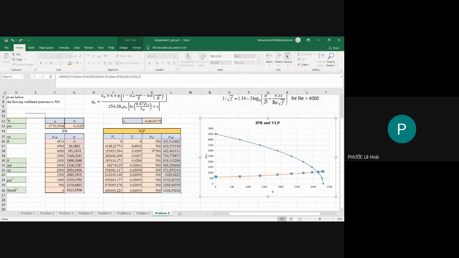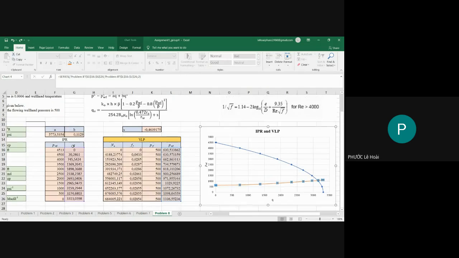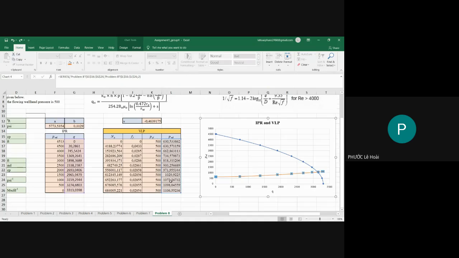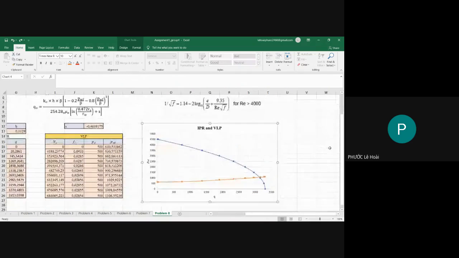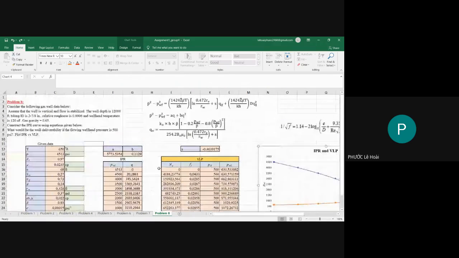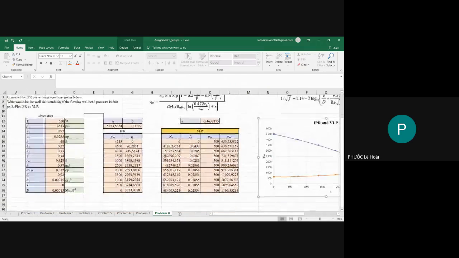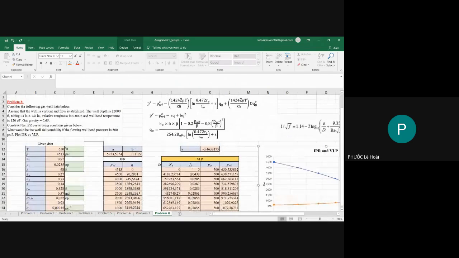And for the VLP, we will use the flow rate of the IPR and the bottom hole pressure for the VLP to plot it. Okay. Thanks for listening to me to the end of this video, and goodbye.